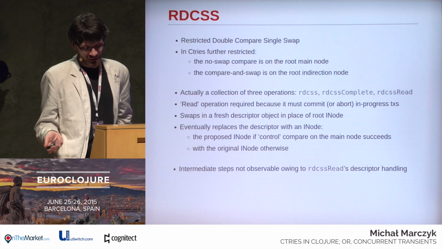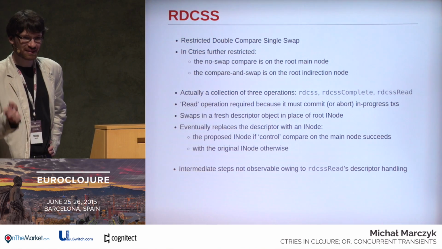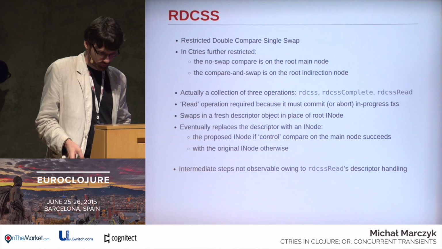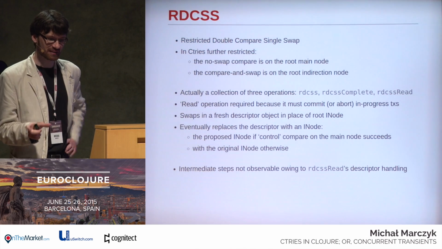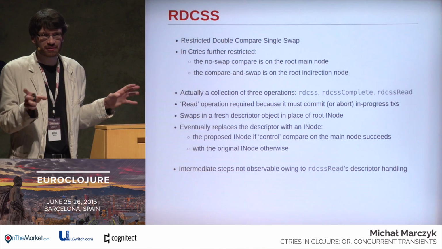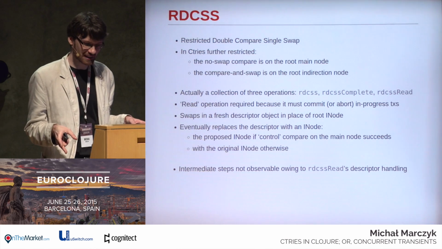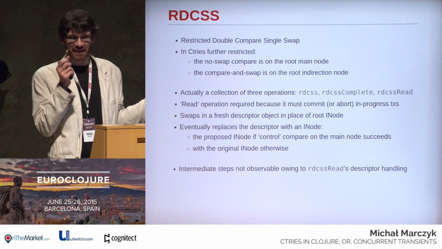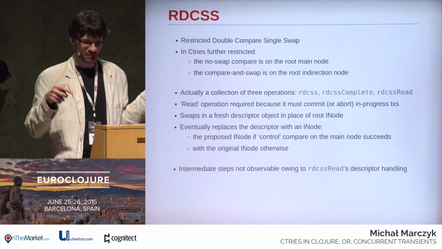So the way in which RDCSS achieves CAS2-like semantics in this sort of scenario is it actually introduces a collection of three operations. Two of them are expected to be used from user code. One of them is more of an implementation detail. RDCSS is the CAS-like operation which takes two compare addresses and one value to swap in.